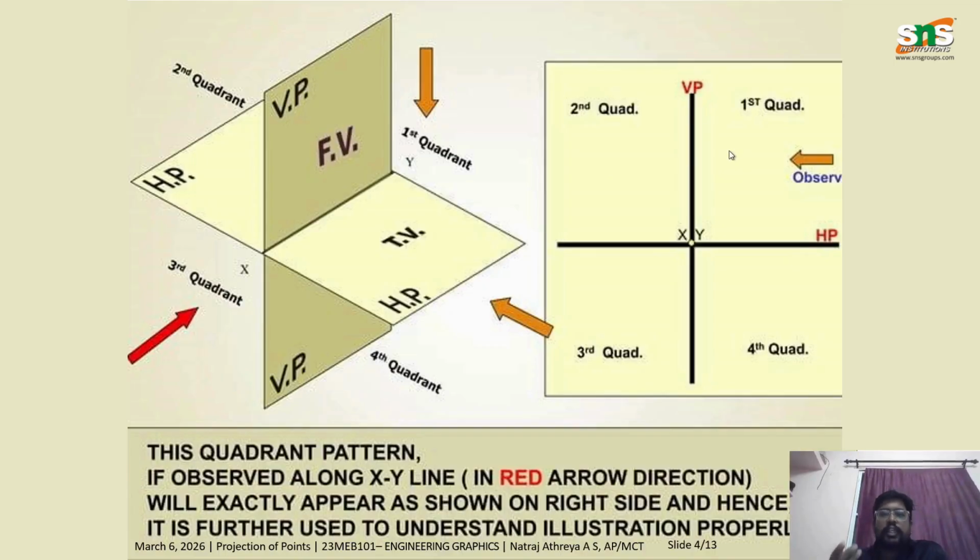So if the observer is looking at the object from the first quadrant, say from this quadrant of our axis, then this sort of view is called first angle projection. So this view is called first angle view, and if we project all the points from the observer's point of view from the first quadrant, then it is called first angle projection, right?